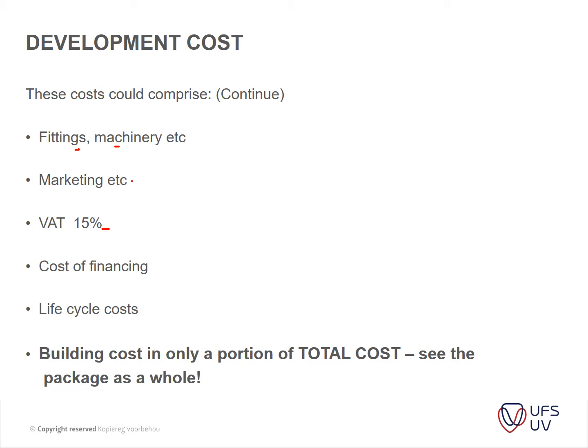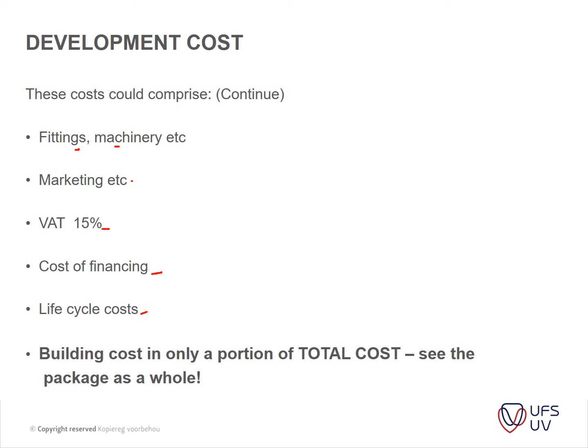For instance, if you're occupying a new house, it's not just the actual construction cost of the house. You will have to pay taxes for the land that you acquired, services that you have to pay for, etc. You will have costs for financing, the interest rate, and then you will have the life cycle cost, which I mentioned earlier, which might include the taxes, the water, and the upkeep of the new building that you're going to build.